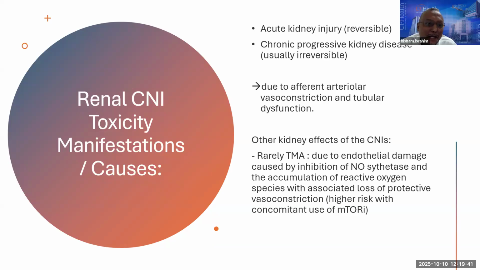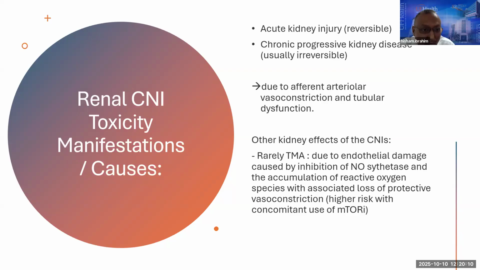The clinical manifestations: there's an acute form of the toxicity, which happens when the levels go high, and then there's a chronic, progressive, usually irreversible form of CNI toxicity, which is the more damaging variety. Acute CNI toxicity we see very commonly. A patient has diarrhea, the levels go very high, and they develop acute kidney injury.